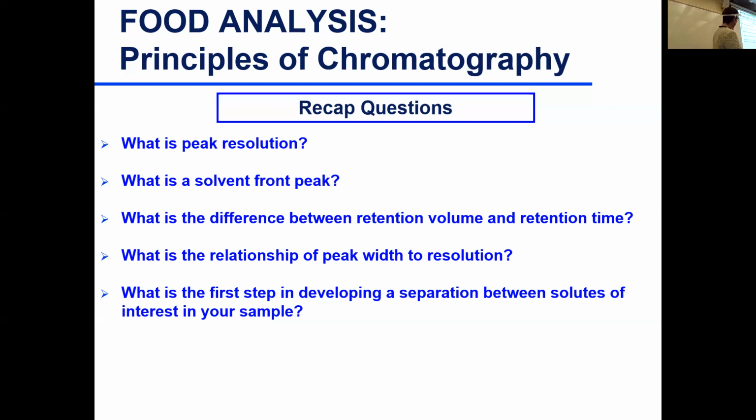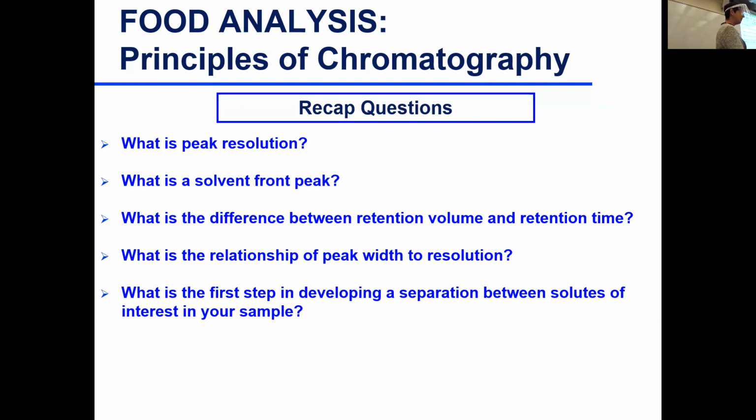So as the peak widens, the resolution is reduced. What is the first step in developing a separation between solutes of interest in your sample? That means you want to develop separation. What's the first thing you want to do? Michael? Address the literature. Look up literature, find a method, go from it. If there is no method in literature, which you highly doubt, there's always a method, somebody has thought about this before you nowadays.